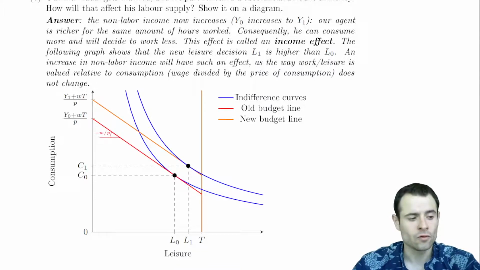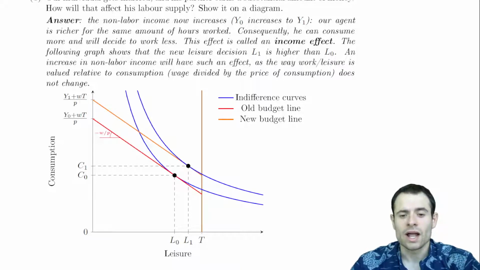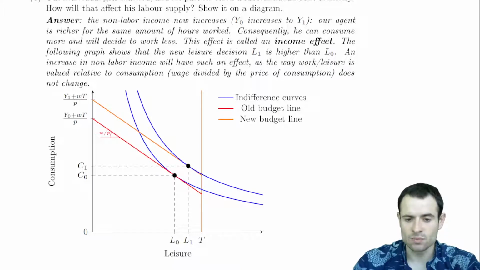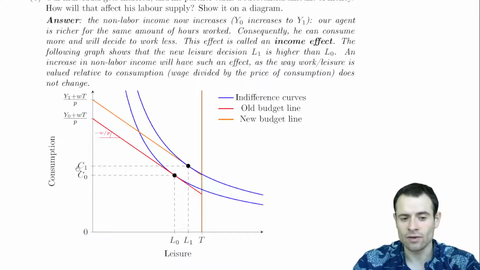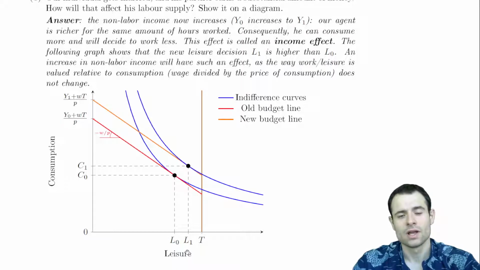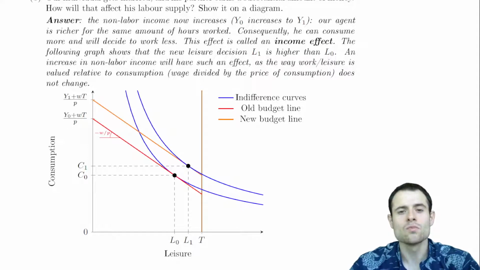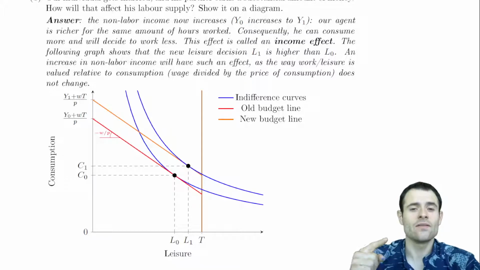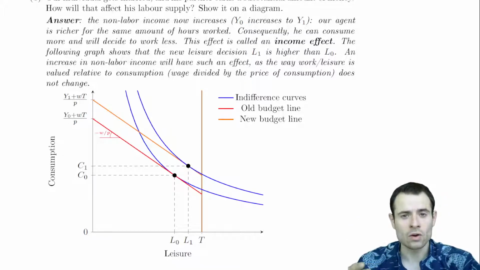Now, if we look for the tangency point between the highest indifference curve and the new budget line, we will find a tangency point located at a higher level of consumption and a higher level of leisure, which means our individual is taking some time off. He can consume more than before thanks to this non-labor income, and he can even consume more than before without having to work as much. So he's going to work less on one hand, and he will also be able to consume more on the other hand.